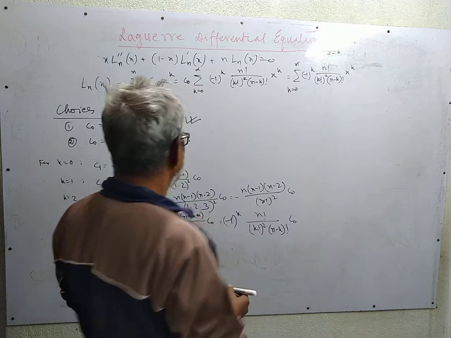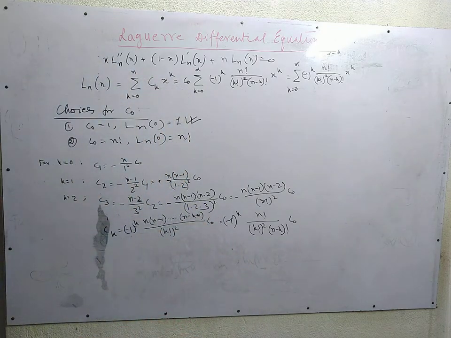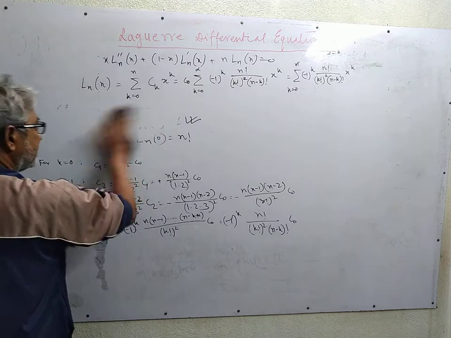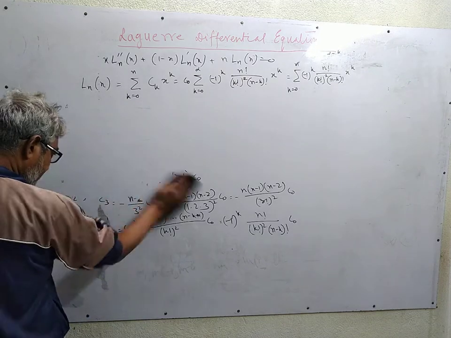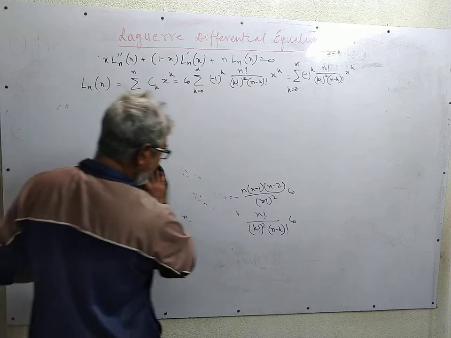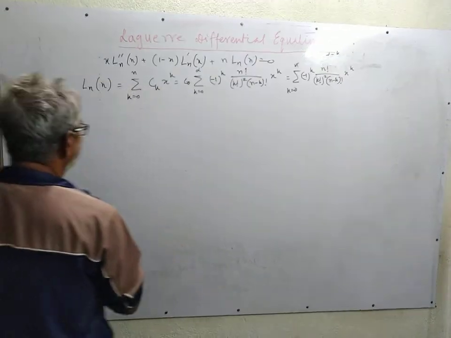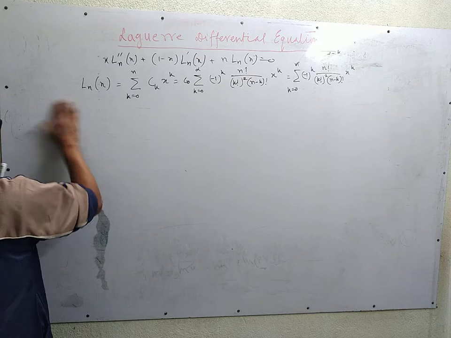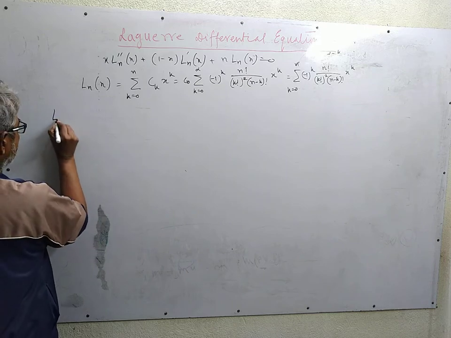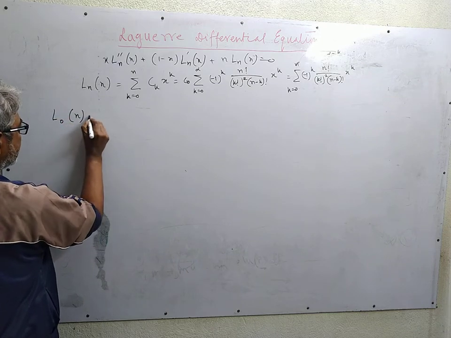With C0 equal to 1, this is the series for the Laguerre differential equation. Now if we want to find a few special values of the Laguerre polynomial, we use this series expansion. First we want to find L0.